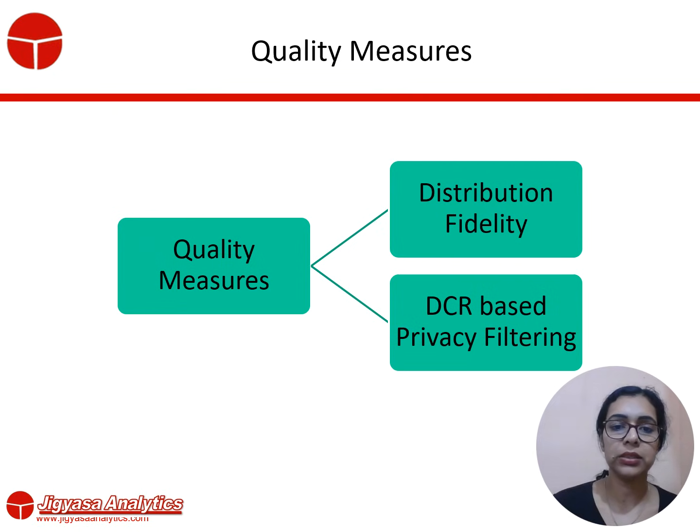Distribution fidelity checks if the synthetic data looks statistically similar to the real data, and DCR-based privacy filtering makes sure that synthetic records are not too close to the real data, so privacy is safe. On the next slides, I will explain each measure in detail.